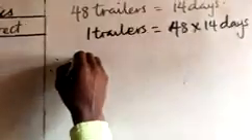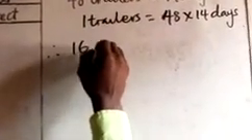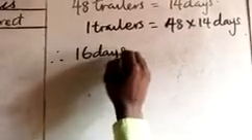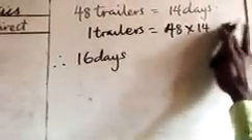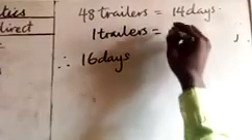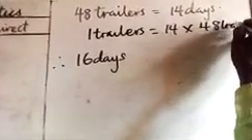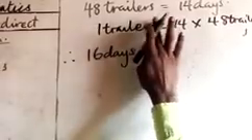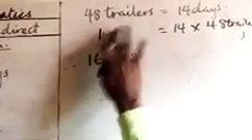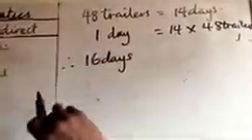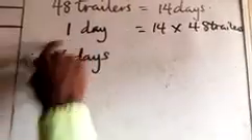So therefore, 16 days, we are looking for trailers. Then we change this also. That will be in one day. So in one day, it will take 14 times 48 trailers to empty that warehouse.